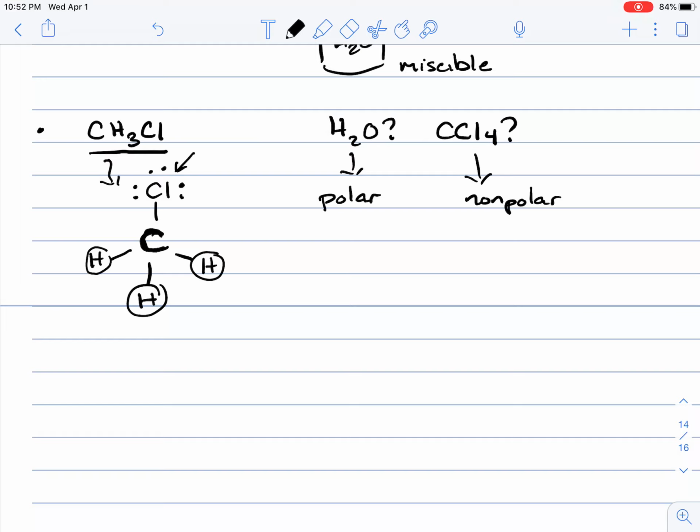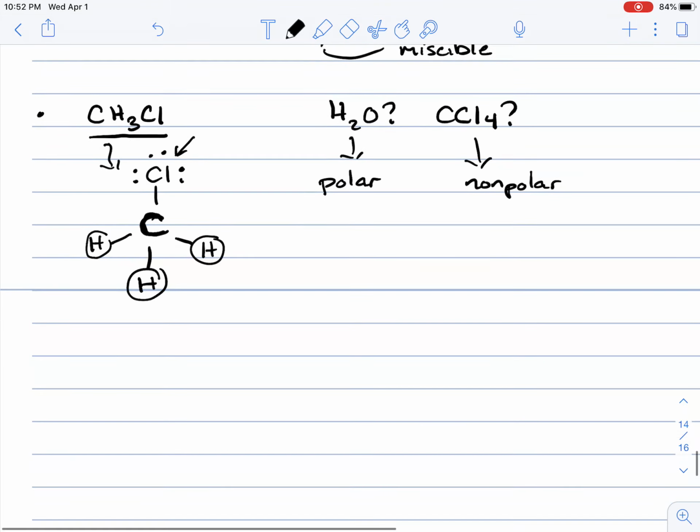However, the 4th atom is chlorine. Since there is asymmetry in the identity of the surrounding atoms to the central atom, then we can go ahead and say that this molecule is polar without having to calculate the electronegativity numbers and determining the dipole moments and all of that stuff.